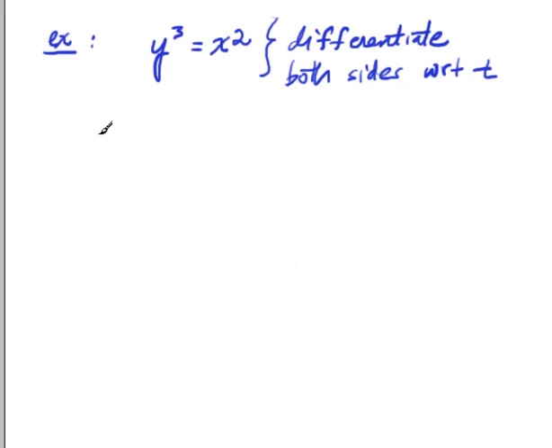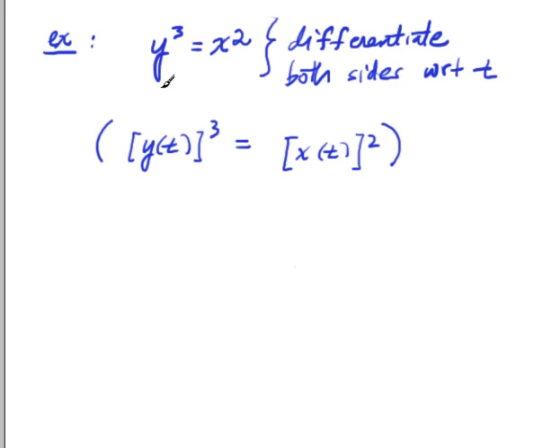So again, think of this as y of t cubed is equal to x of t squared. All right, so we're going to do a chain rule on the left and right. Bring the 3 down, y, and change that to 2.